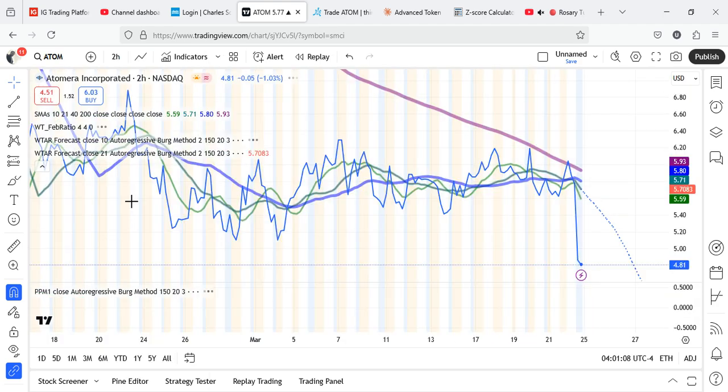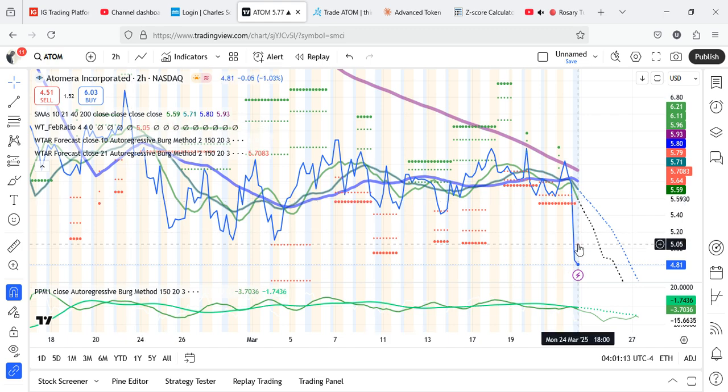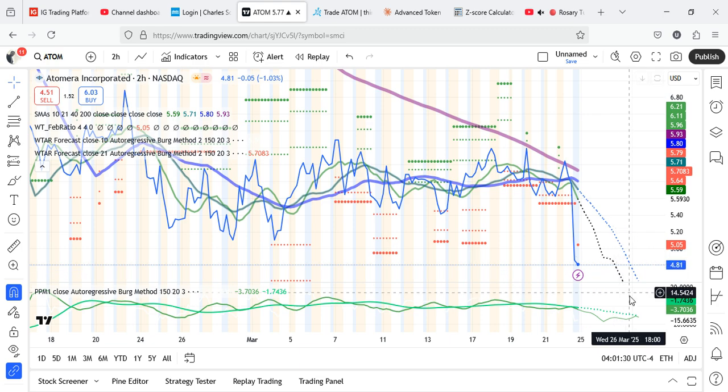Okay, let's have a look at the 2-hour chart. There's an upper projection here of 5.05. 5.55 was in play a few minutes ago, but not in play anymore. The extrapolation on this 2-hour chart is not projecting any strength at all.